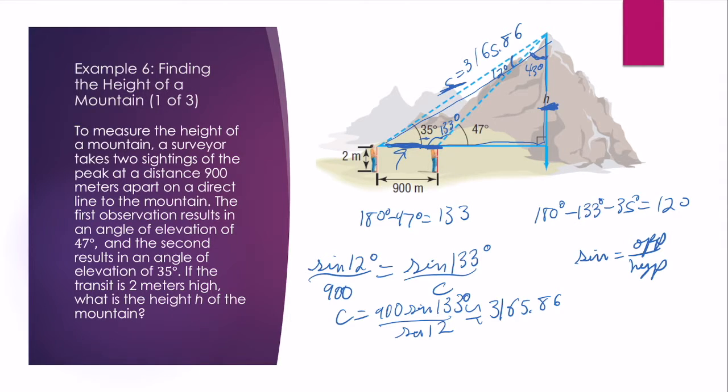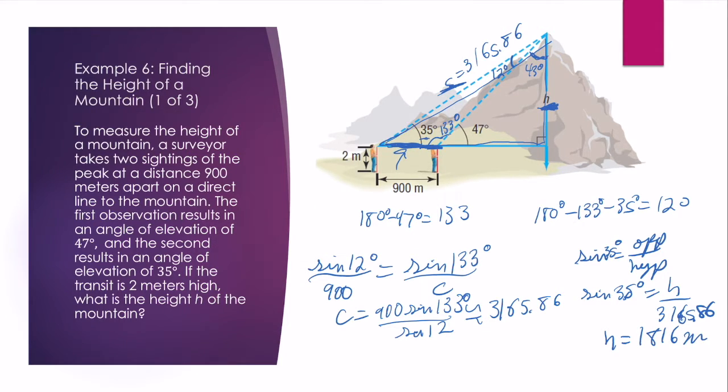So the sine of this angle here, which is 35 degrees, is my opposite over my hypotenuse. Sine of 35 degrees is my height over 3,165.86. And I find that my height is 118.6 meters.